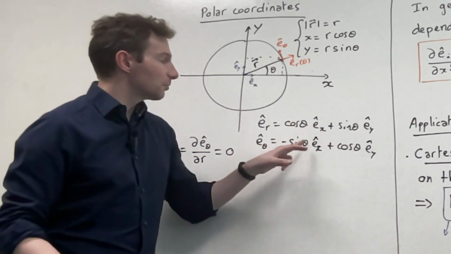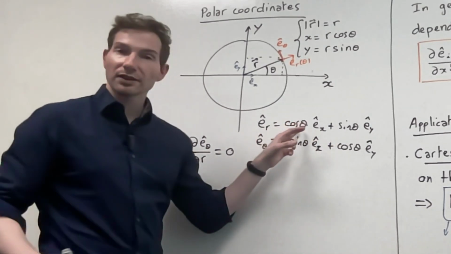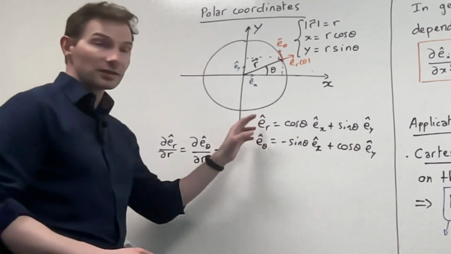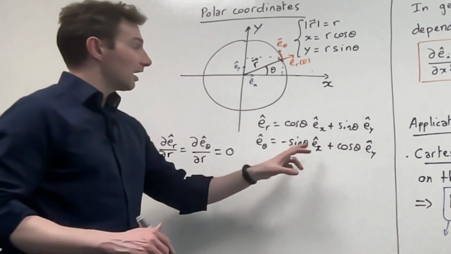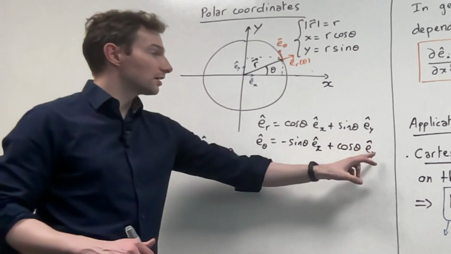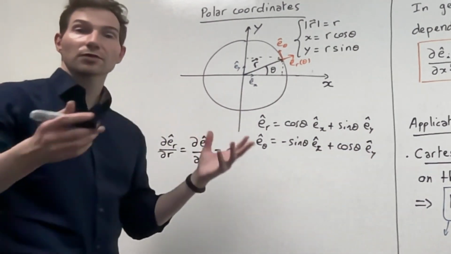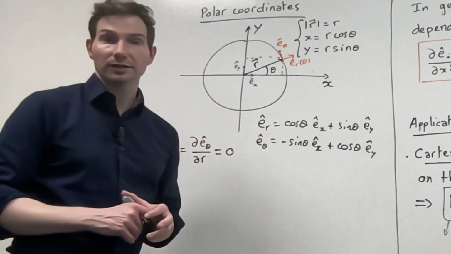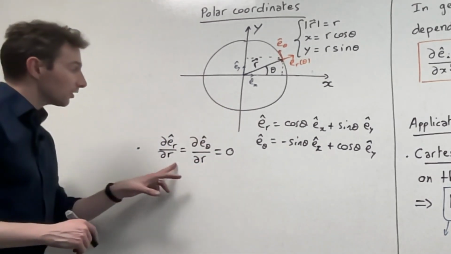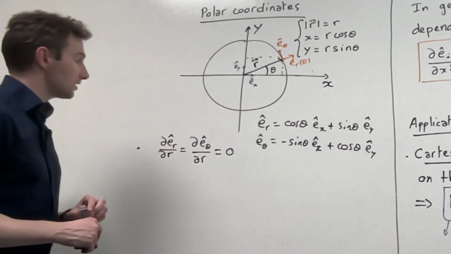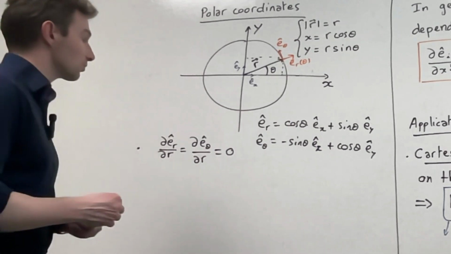There is no dependence in r, at least in this polar basis. And these vectors Ex and Ey, we've already said are constant, uniform or whatever, but they don't depend on coordinates. So basically here dEr dr is equal to 0.